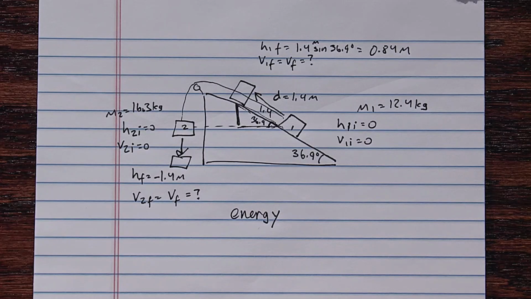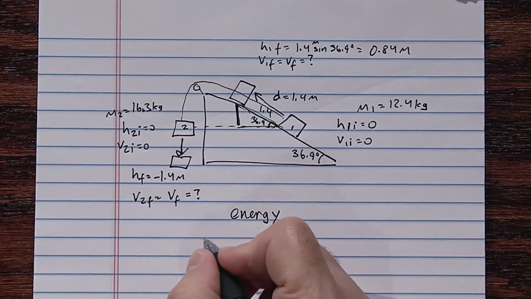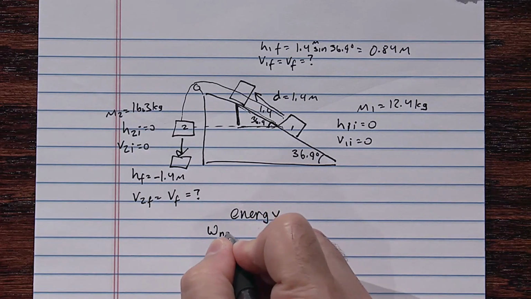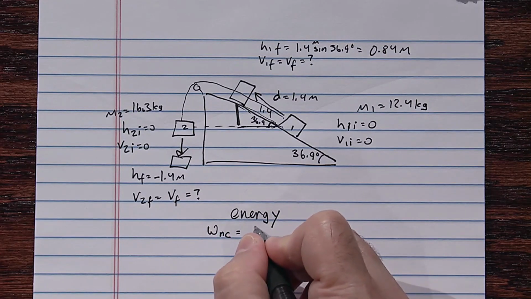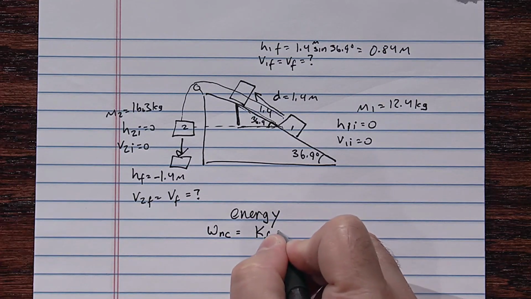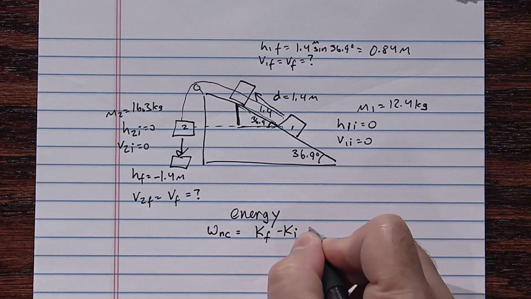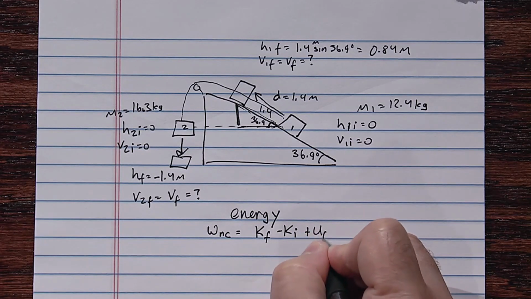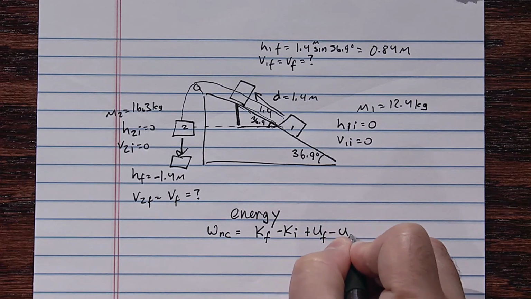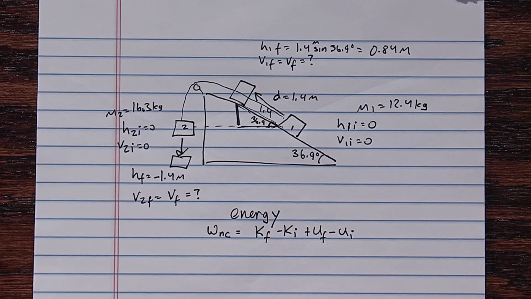And for an energy situation, we write down the work done by non-conservative forces is equal to kinetic energy final minus kinetic energy initial plus potential energy final minus potential energy initial. Now let's think. Are there any of these that we can zero out? Yes.